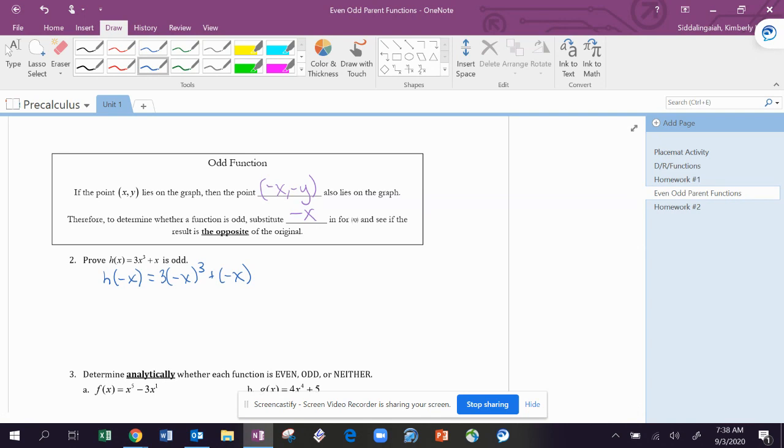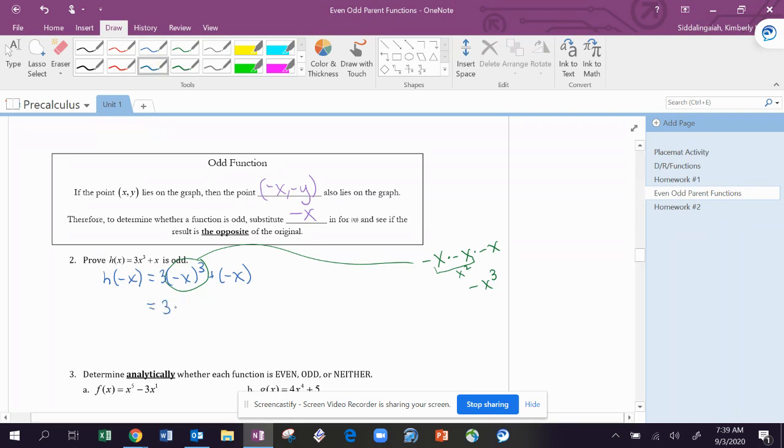Okay, so let's again think about what this means. It's repeated multiplication. Negative x times negative x times negative x. Well, we know that's x squared. We just did that on the other page. Times a negative x means this is going to be negative x cubed.